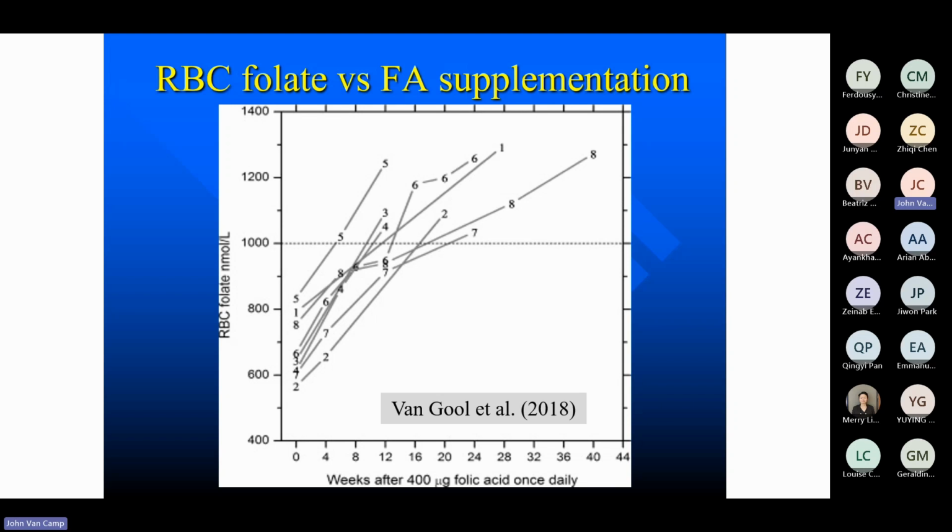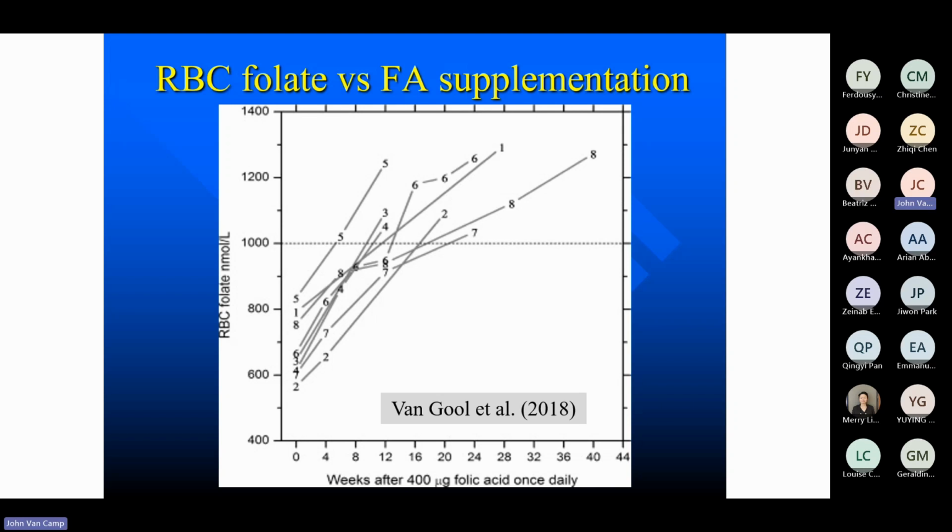that a woman who would like to become pregnant received a supplement of synthetic folic acid of 400 micrograms per day. On the y-axis, you can see the level of folate in the red blood cells expressed in micromoles per liter. The ideal concentration is 1000 micromoles per liter.